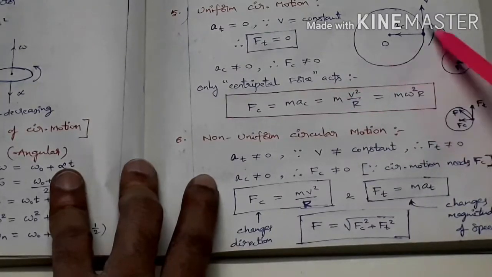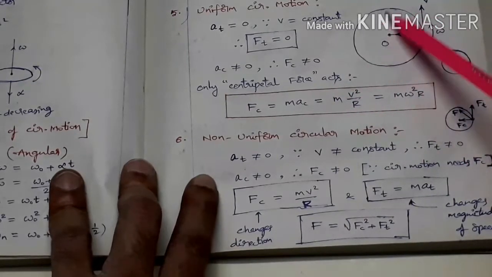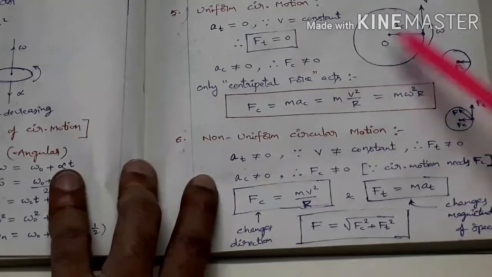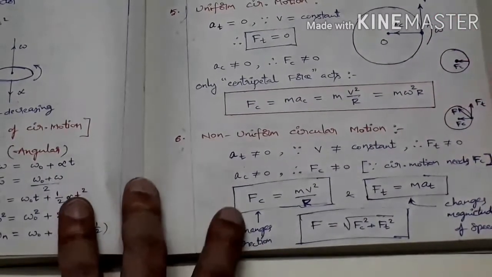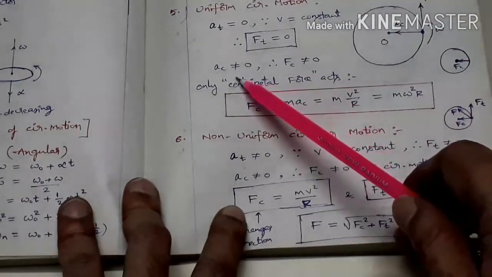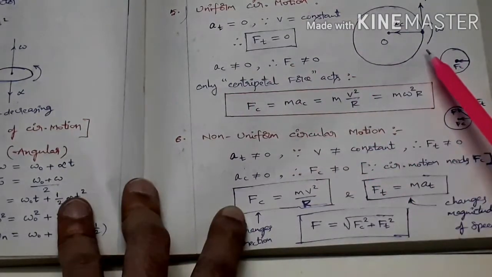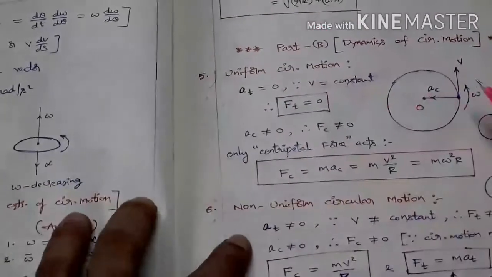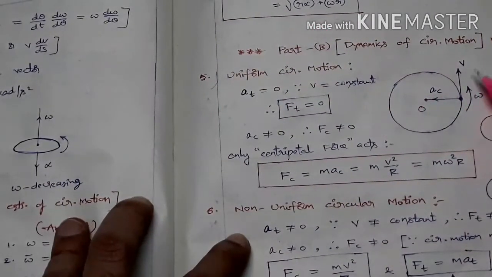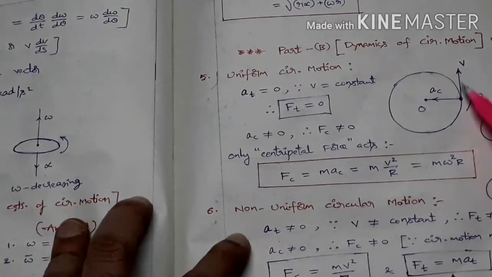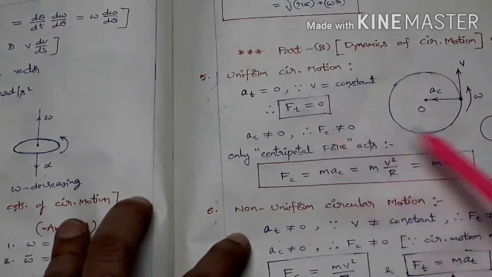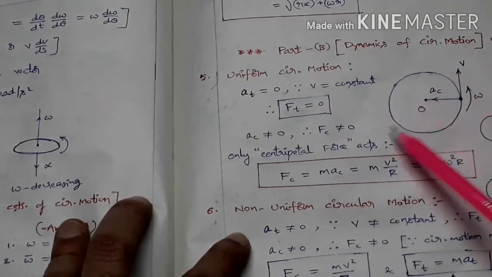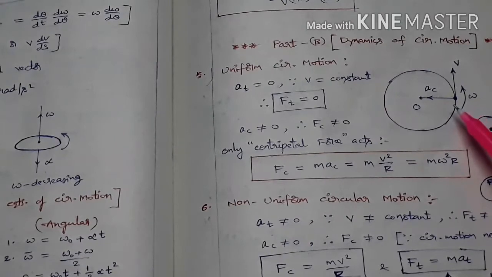So continuously the direction of velocity is changing at every point, and also the magnitude is changing. You know, centripetal acceleration is due to change in direction of velocity, while tangential acceleration AT is due to change in magnitude of velocity here. So in uniform motion there is no change in magnitude of velocity, therefore AT equals 0. There is change in direction always at every point, therefore AC is not 0.